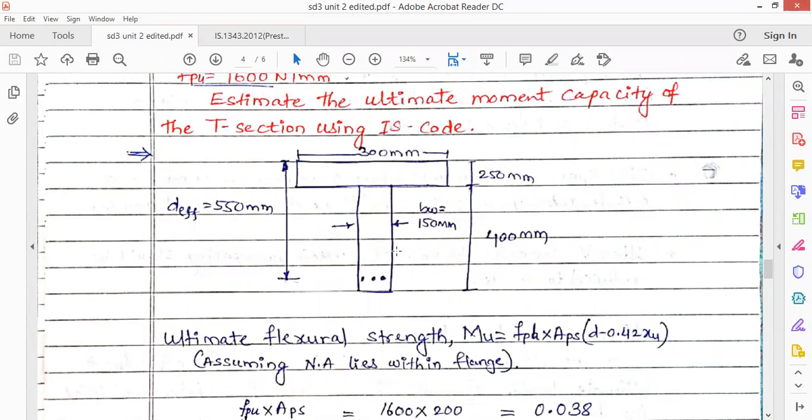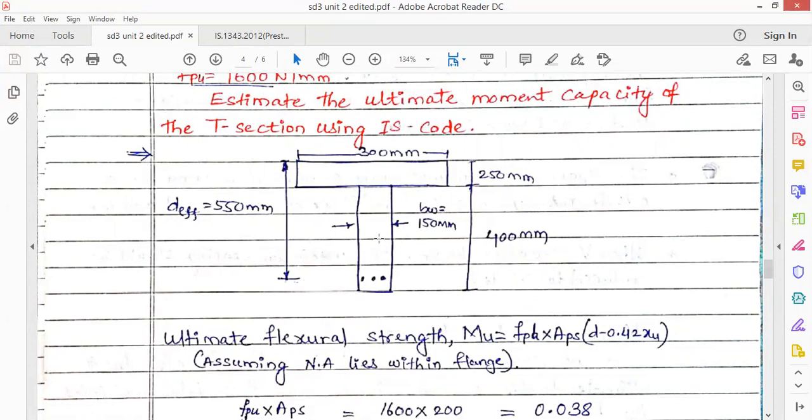So initially we'll assume that the neutral axis lies within the flange. With this assumption, I am going to calculate the value of FPB and XU by D.